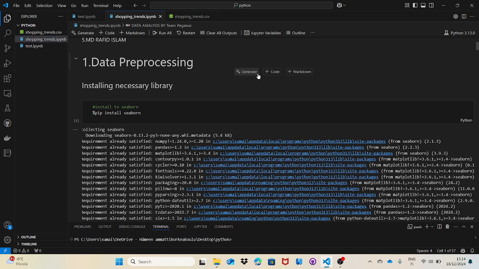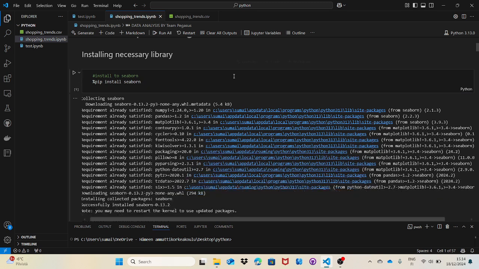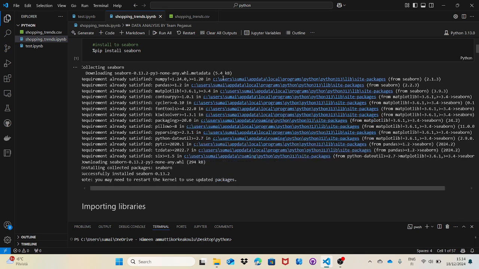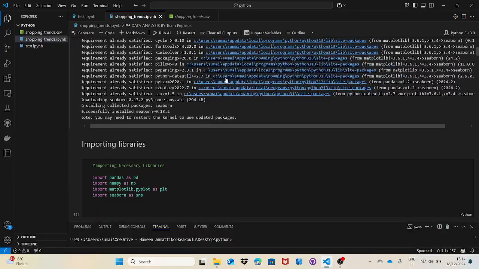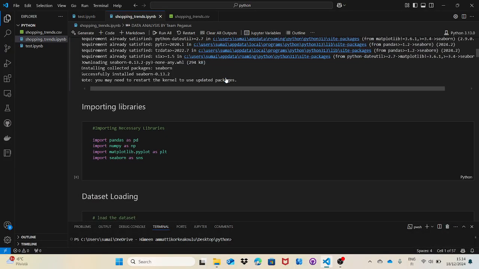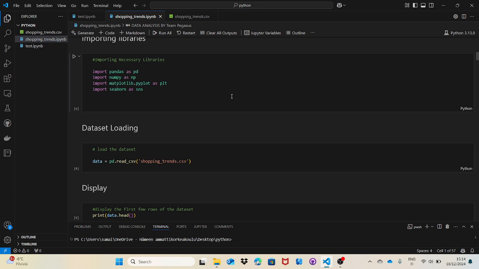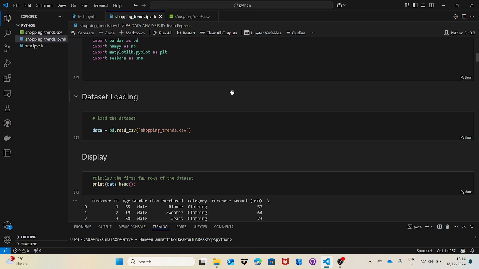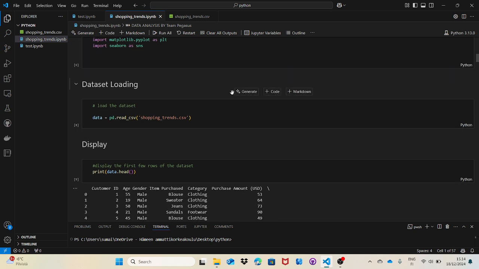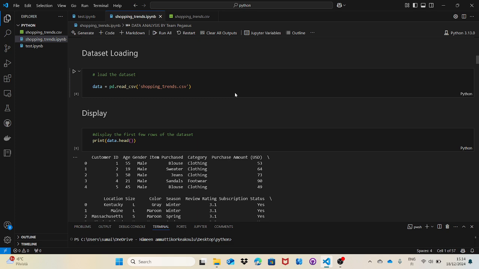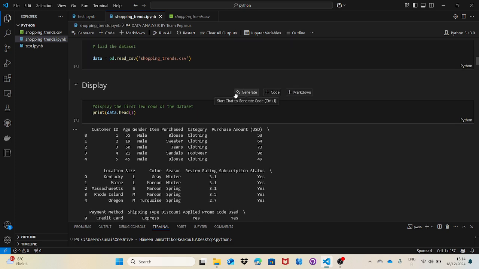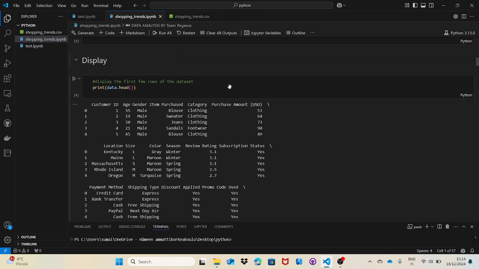First, I installed important libraries like Seaborn and used Python and libraries like pandas to import the dataset with functions like read CSV to bring in the data. Once the data was loaded, I performed an initial check by displaying the first few rows using the head function.